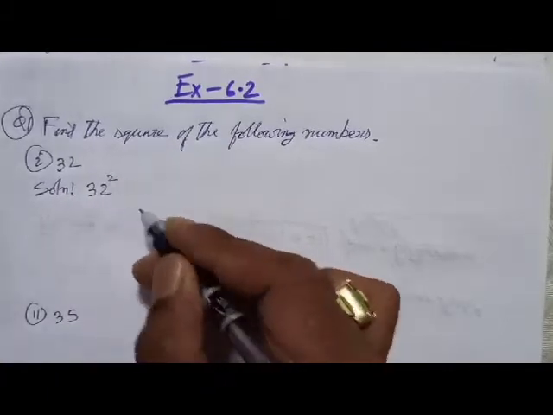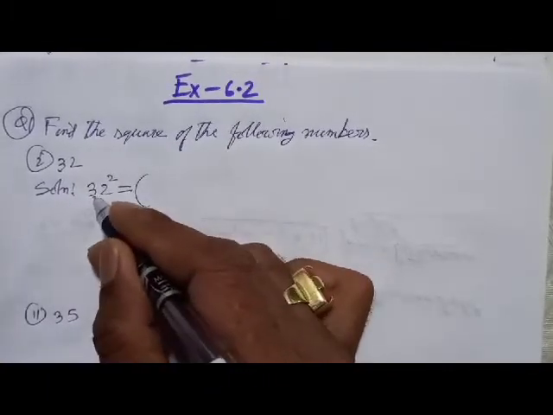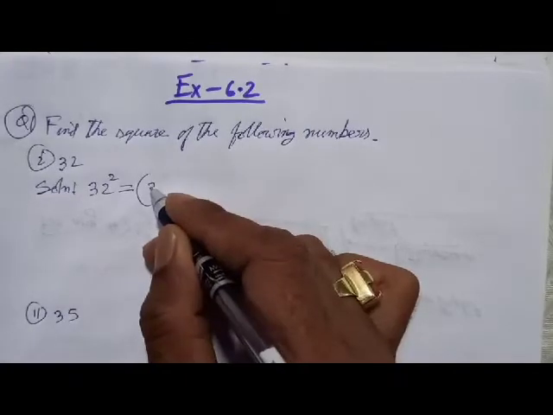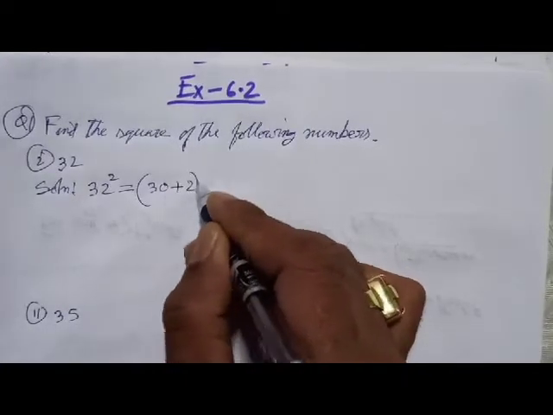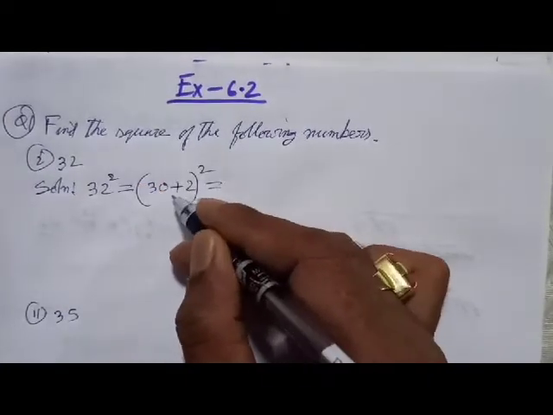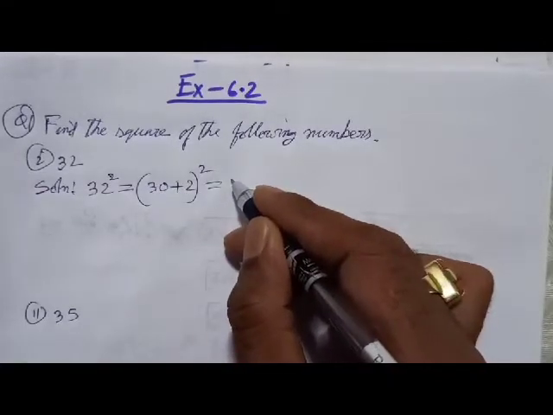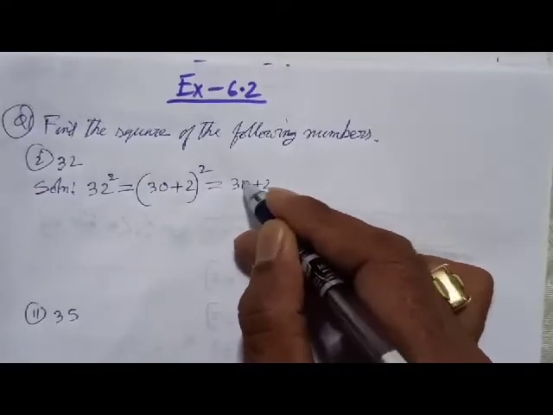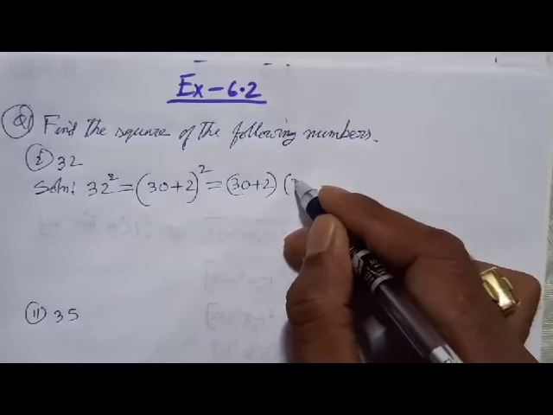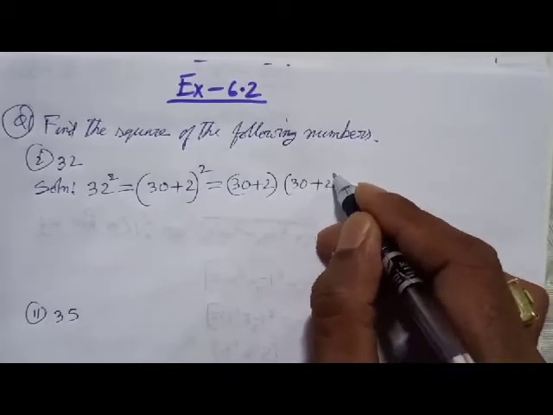32 square is equal to... This 32 we can write as 30 plus 2. And this 30 plus 2 whole square, again we can write as 30 plus 2 into 30 plus 2.